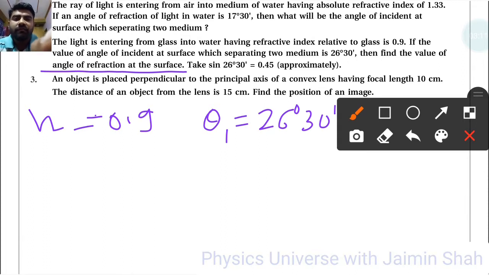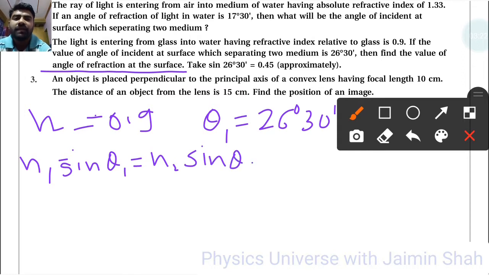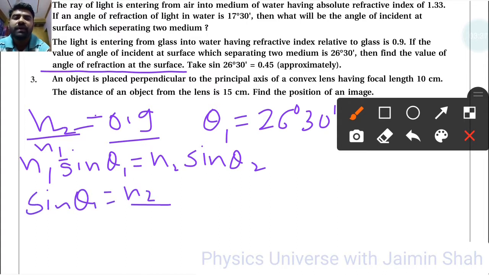So the formula for that: n1 sin theta 1 is equal to n2 sin theta 2. Now this 0.9 is nothing but n2 upon n1. So sin theta 1 is equal to n2 upon n1 sin theta 2, and theta 2 is the angle of refraction that we have to find.